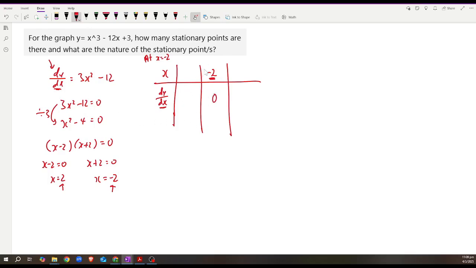Okay, for the column on the left, we want to find the point on the curve just before negative 2. So we will write minus 2 and then minus a very small value, just next to negative 2. So normally we would do minus 2 and then minus like 0.0001, make it very small.